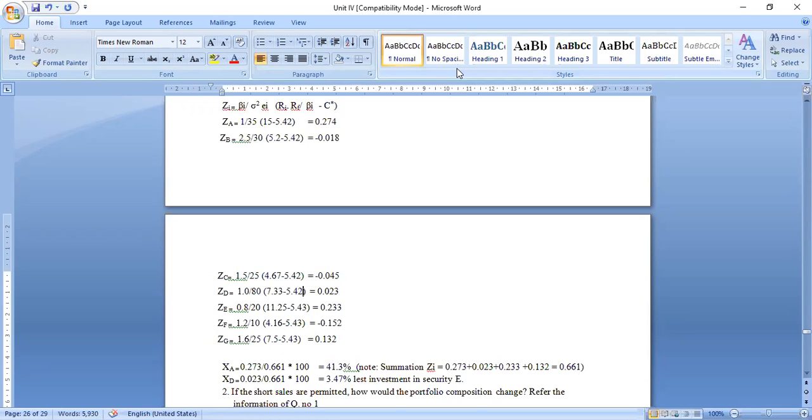So having 7.33 minus 5.42, you will get 1.91. So 0.123, with 87 recurring, you can take it as 0.24. So the same way here, 11.25 minus 5.42.